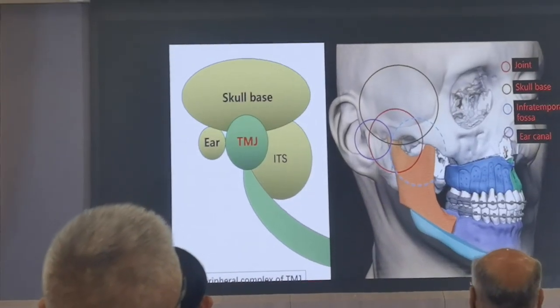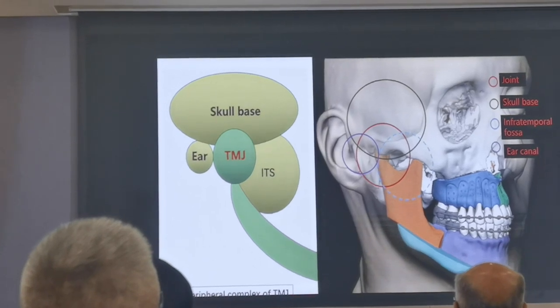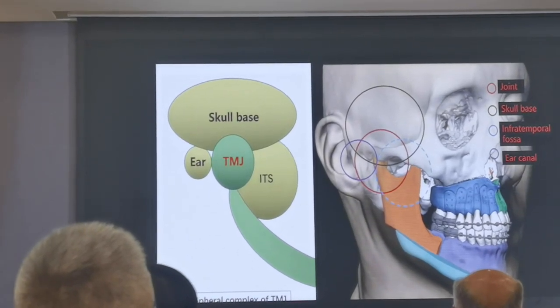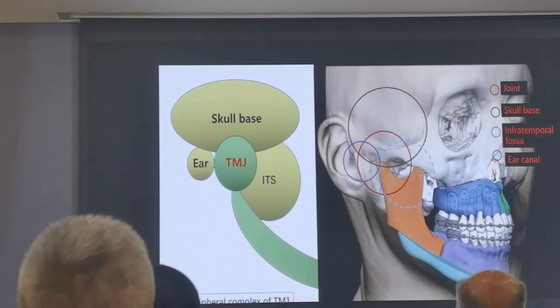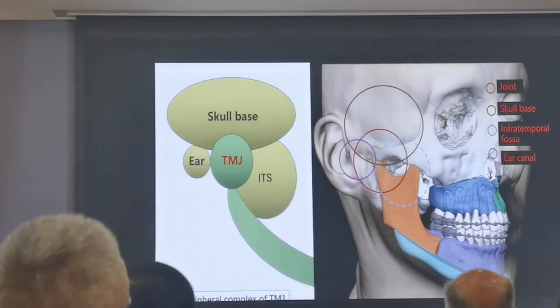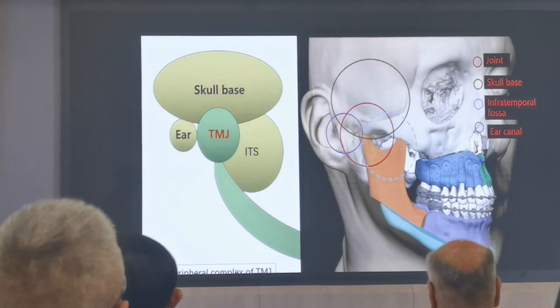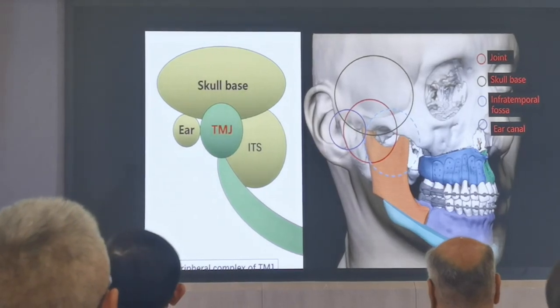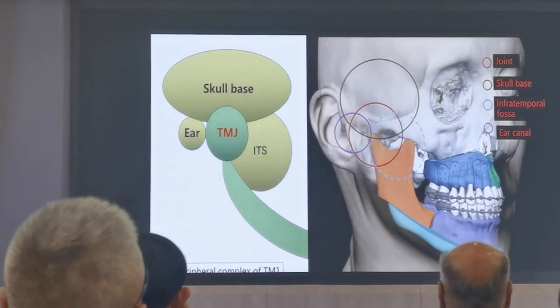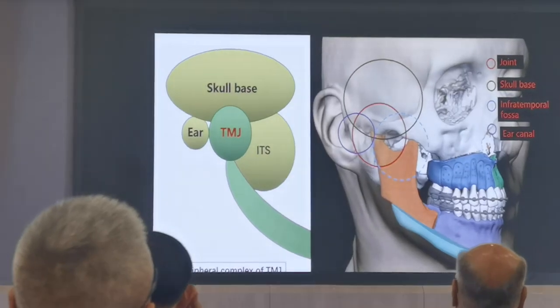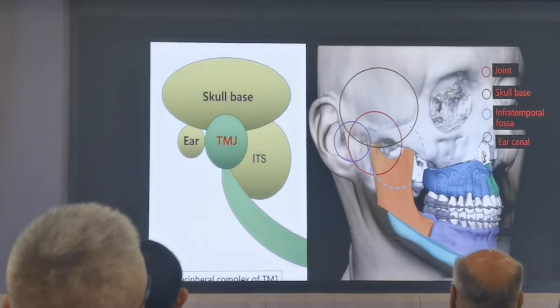In the natural view, you can see the central part with the joint, up is the skull base, backward is the ear canal, and the intermediate infratemporal space. That is called the peripheral complex.